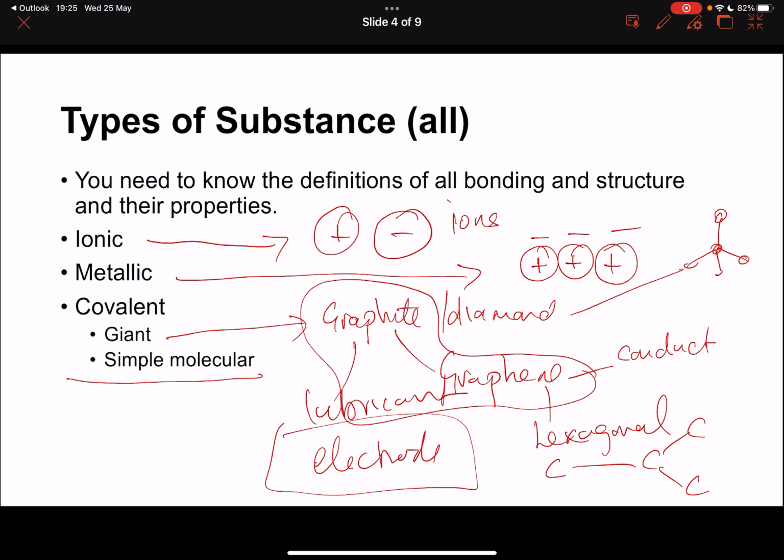So water, carbon dioxide, noble gases, oxygen, they have weak intermolecular forces between molecules. The weak forces are easily overcome, so simple molecular substances have low melting points and low boiling points. They do not conduct electricity because they don't have any delocalized electrons.